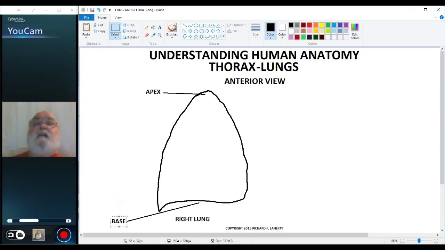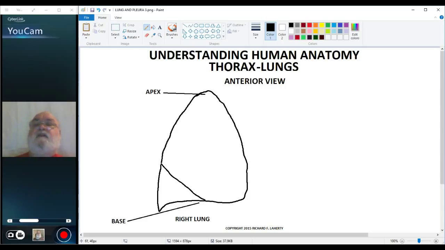Now, the right lung has 3 lobes, and the lobes are defined by fissures. We have a fissure that we can just see part of in an anterior view like this, running like so.